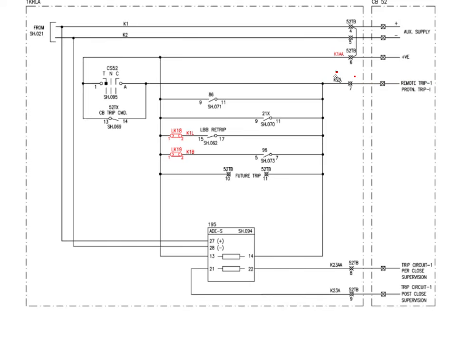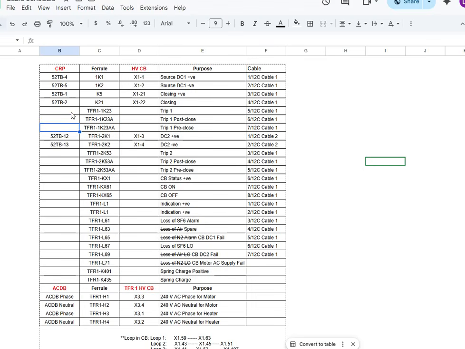That is called K23, and the TB number used in the relay panel is 52 TB-7. We'll update that in our schedule, 52 TB-7, and we'll use the ferrule K23.